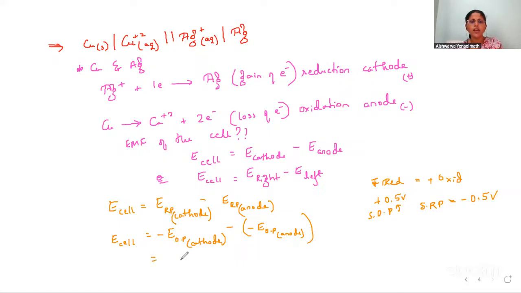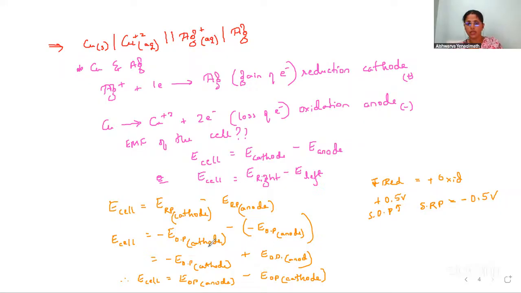Minus E oxidation potential at cathode, and minus of minus becomes plus E oxidation potential at anode. So the final equation: E cell is E oxidation potential of anode minus E oxidation potential of cathode. So this can also be represented in terms of oxidation potential.